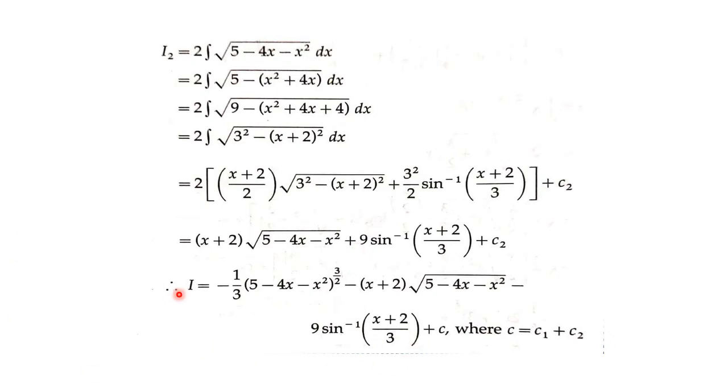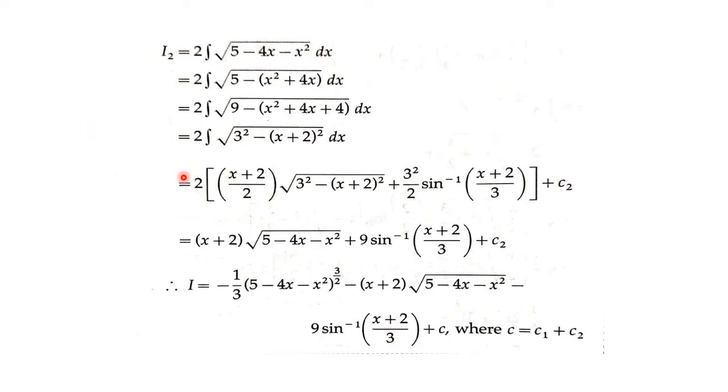Now therefore, substituting the values of I1 and I2 in I, we will have I is equal to minus 1 by 3 into 5 minus 4x minus x square raised to 3 by 2 minus this term x plus 2 into root 5 minus 4x minus x square minus 9 by 2 sine inverse of x plus 2 by 3.